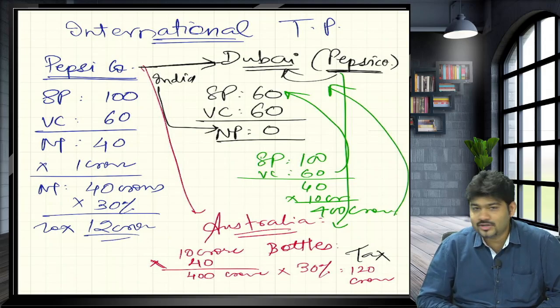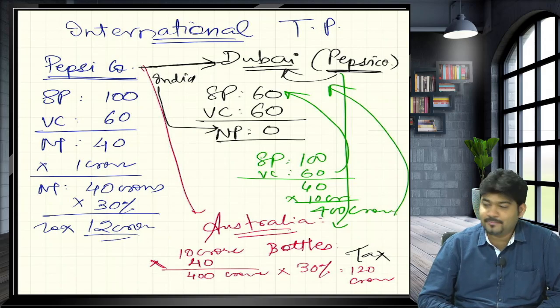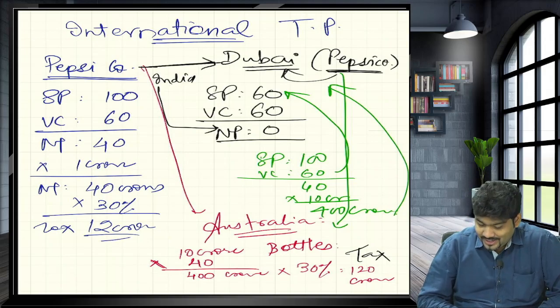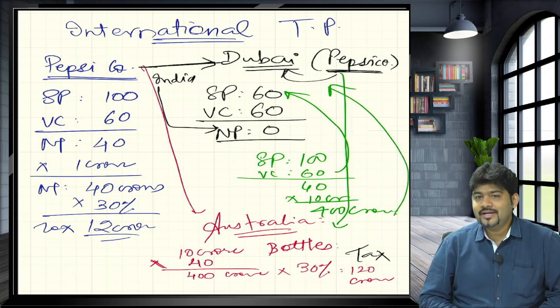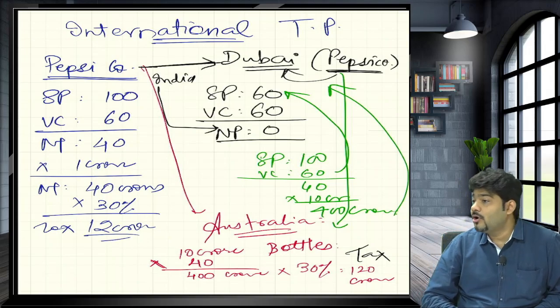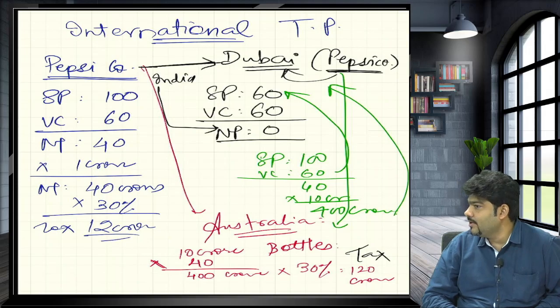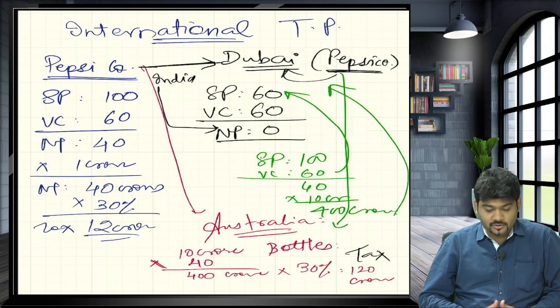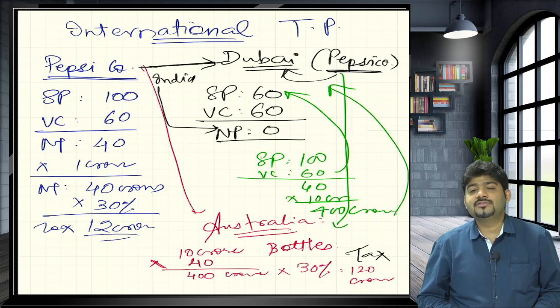Are we understanding what is happening? This PepsiCo is making a fool of the Indian income tax department, right or wrong? Yes. Because such transactions started happening, the Indian government said, boss, this is not acceptable.